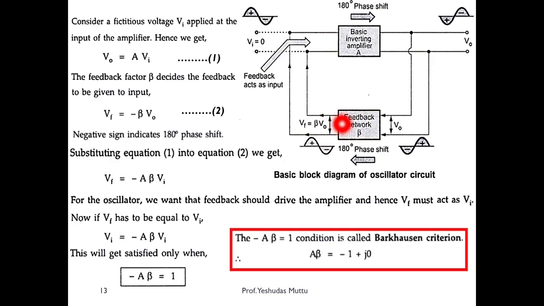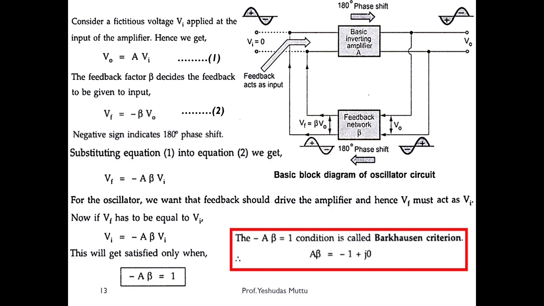Now let's have a look at this diagram again, just to summarize. One condition of Barkhausen's criteria is that magnitude of A beta should be 1. The second condition is over here. We know that this amplifier is introducing 180-degree phase shift. This feedback network is also introducing another phase shift. So the total phase shift in this loop is 180 and another 180, which is 360 degrees. For sustained oscillations, two things should be satisfied.